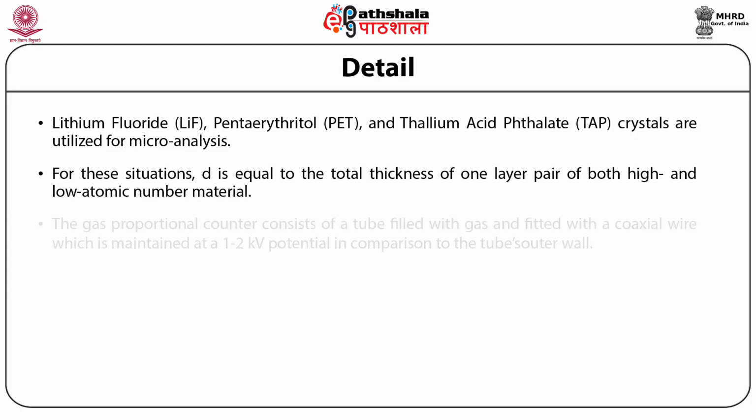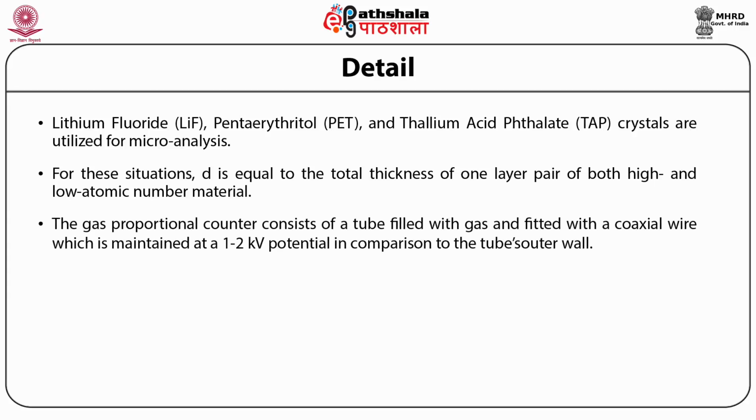The gas proportional counter consists of a tube filled with gas and fitted with a coaxial wire which is maintained at a 1 to 2 kilovolt potential in comparison to the tube's outer wall.